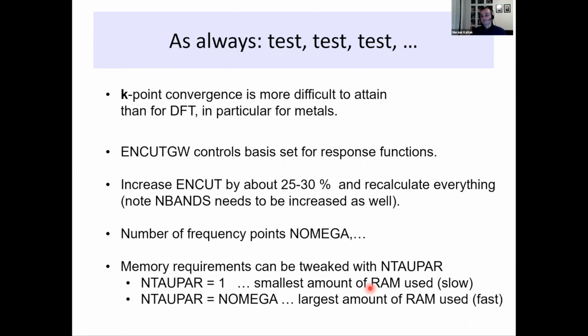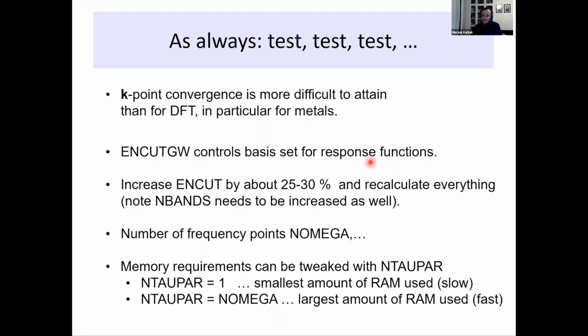And as always, test. For metals, as I said, the k-point convergence can be difficult. Usually I suggest to drop the WAVEDER file, so to not use LOPTICS in the second step. However, this means that you will probably have to increase the k-point sampling. Then you have to check, of course, the GW cutoff for the response function, so for the polarizability.